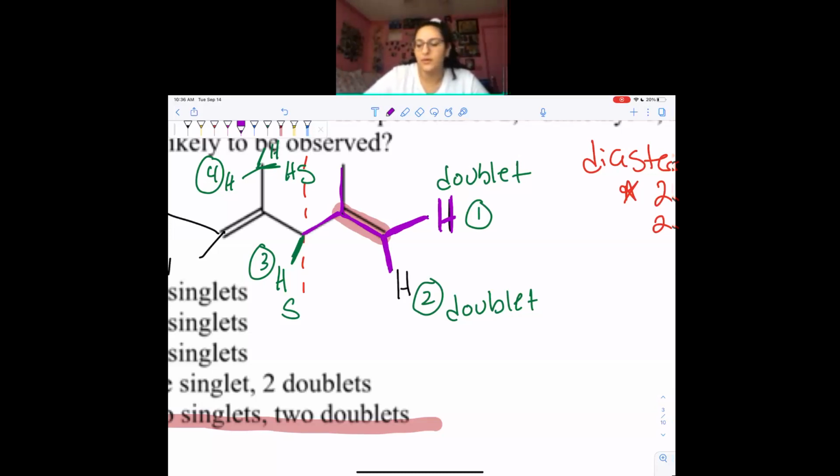So 1 neighbor plus 1 equals a doublet. Same exact thing for the one on the bottom. And the reason they're going to count as neighbors to one another is because they're diastereotopic. So they're two completely different signals, and they will split one another.